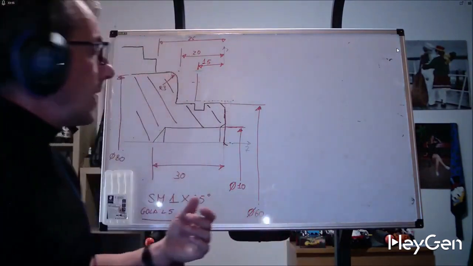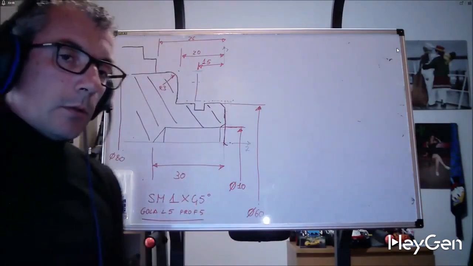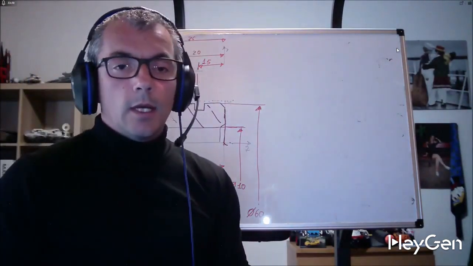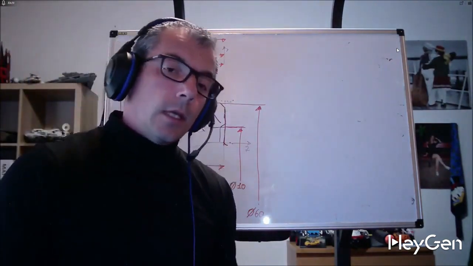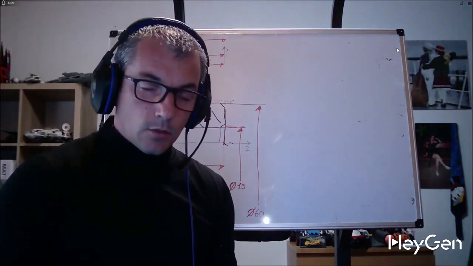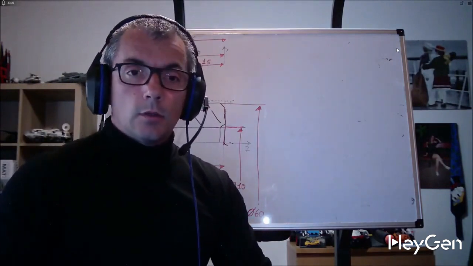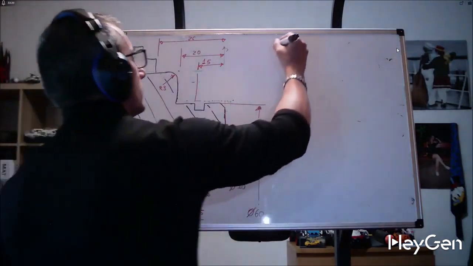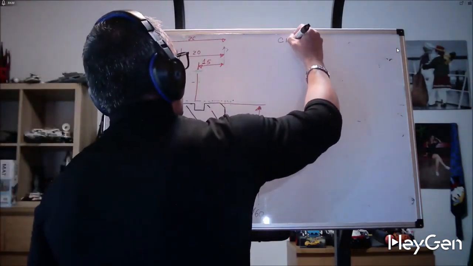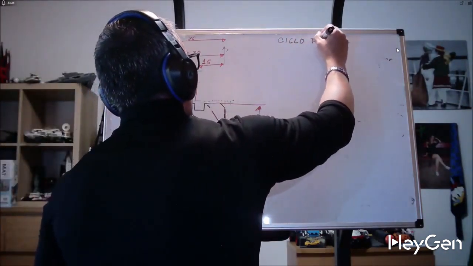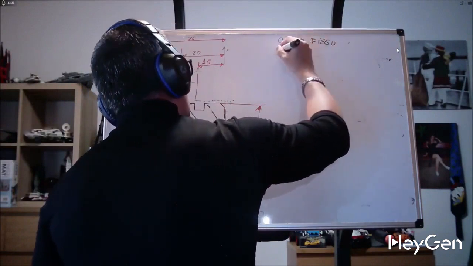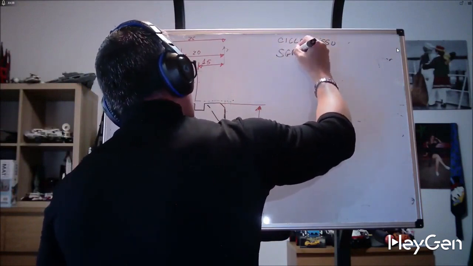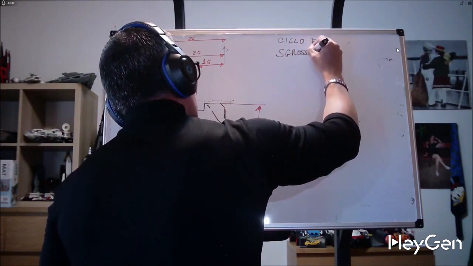fixed cycles are those cycles identified by a G, which in the case of external roughing can be G71, allowing you to summarize in a maximum of 2 lines what you would be forced to do in 20, 30 or 40 lines.